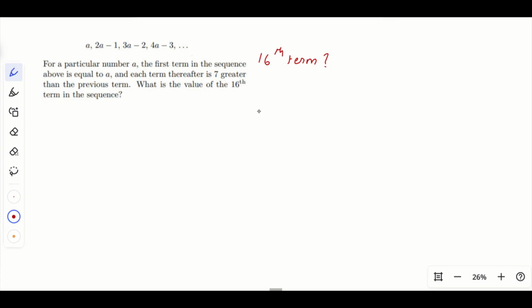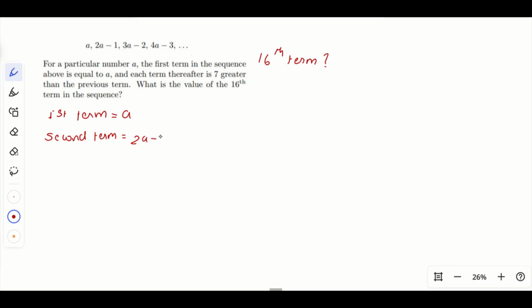First we need to find the common difference. Our first term is equal to a, and our second term is 2a minus 1.